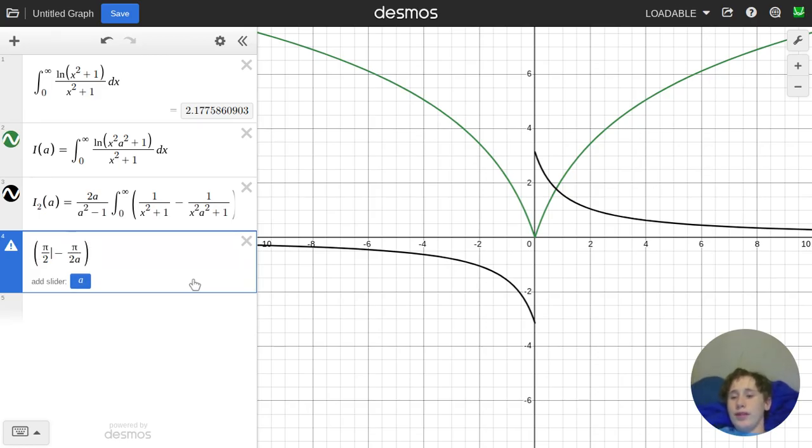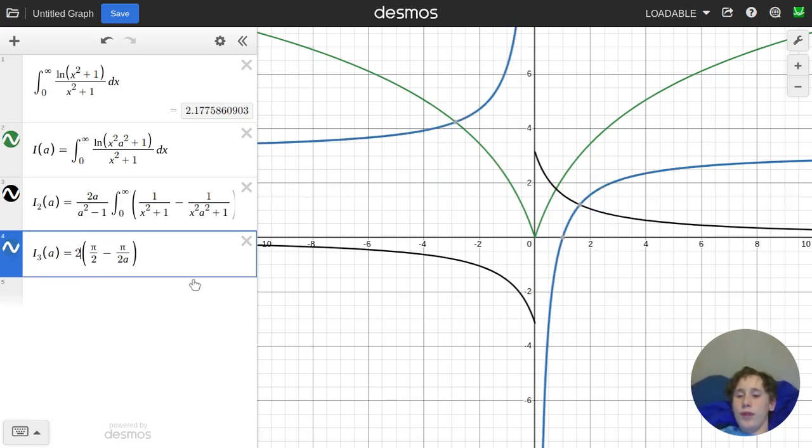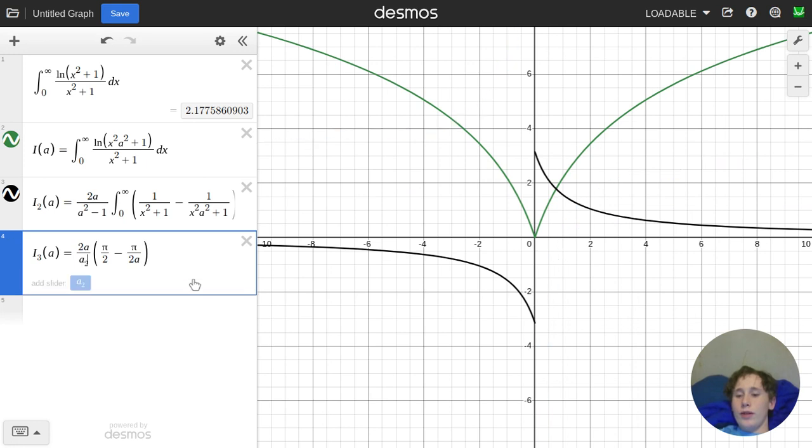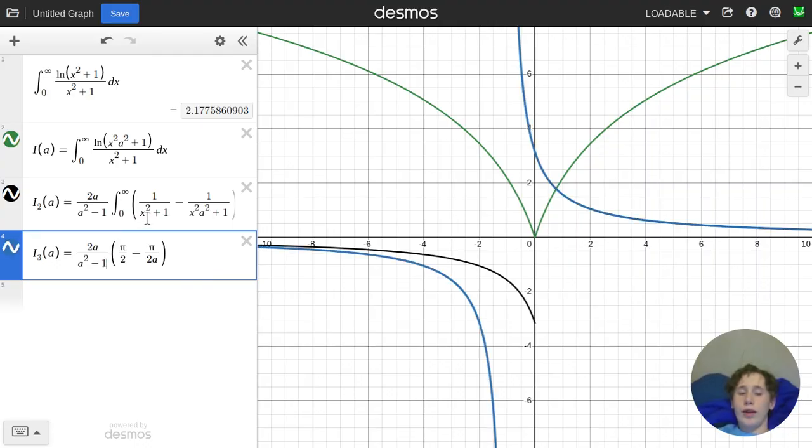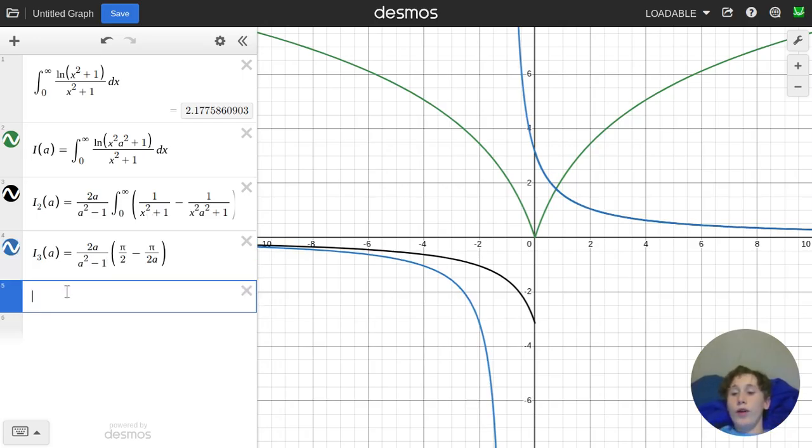So the derivative equals 2a over a squared minus 1 times pi over 2 minus pi over 2a. Now we have to start sorting stuff around until it looks like something we can integrate properly with respect to a. We've already come a long way.